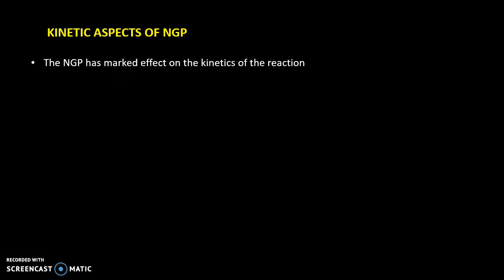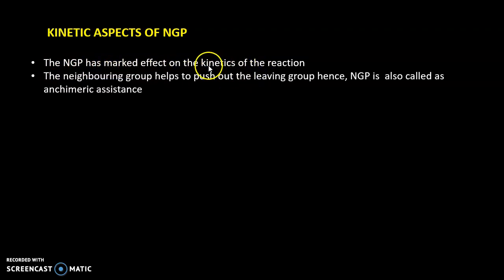Now as you know students, this NGP has a remarkable effect on the kinetics of the reaction. Now you know what is kinetics of the reaction. Kinetics of reaction means simply the rate of reaction, how fast the reaction is. One thing we have to remember is that if there is neighboring group participation in the nucleophilic substitution reaction, then this neighboring group helps to push out the leaving group from the system.